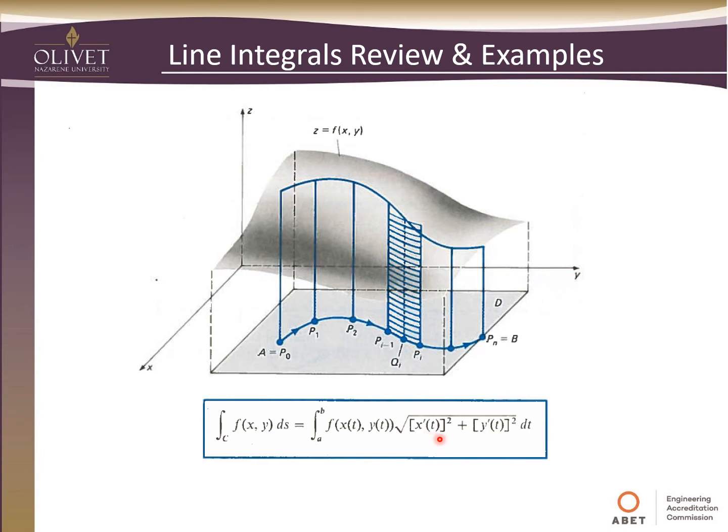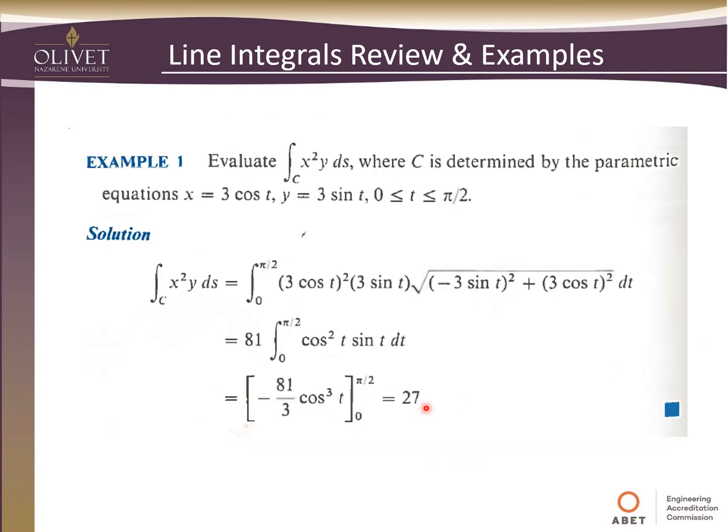And so that's first derivative of x with respect to t squared, first derivative of y with respect to t squared, square root of that, and that changes our integral variable to t.